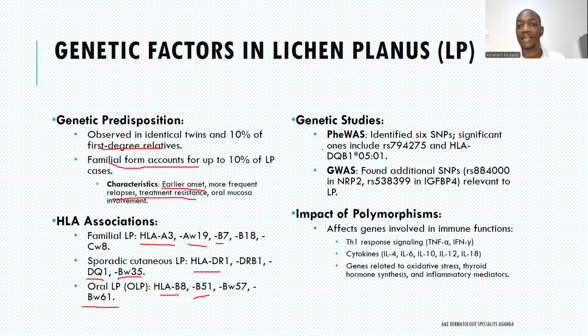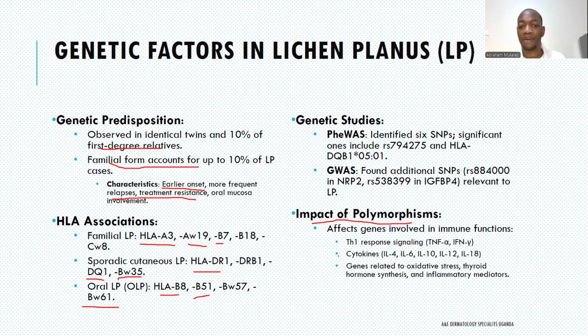So these gene studies have been able to demonstrate that most of these genes may play a role in the development of lichen planus. And then the other aspect is polymorphism. Polymorphism is where you have one gene but it presents differently in different people.